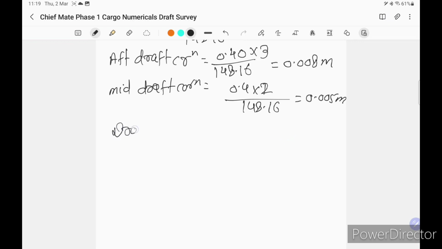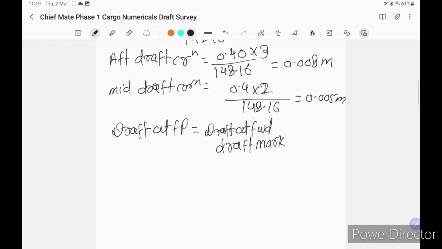Now we'll calculate draft at forward perpendicular. The formula is draft at forward draft mark plus or minus forward draft correction.